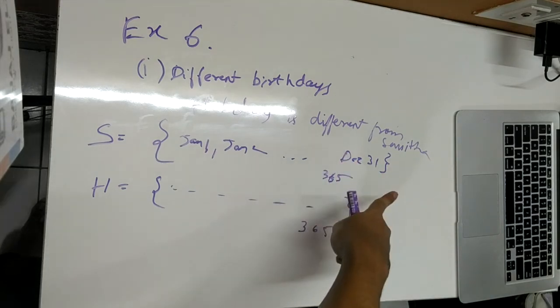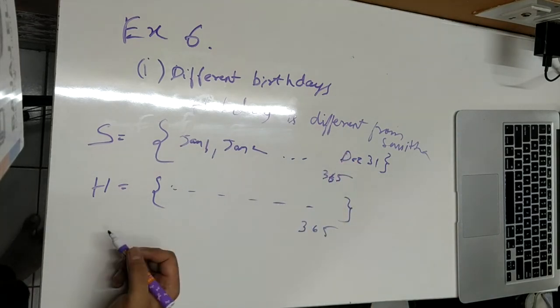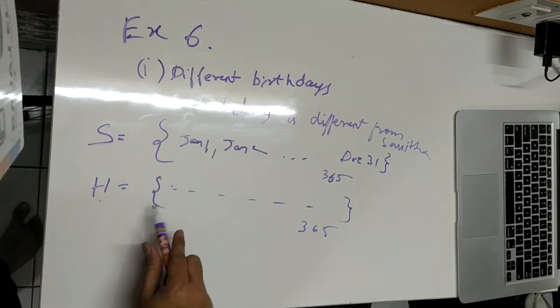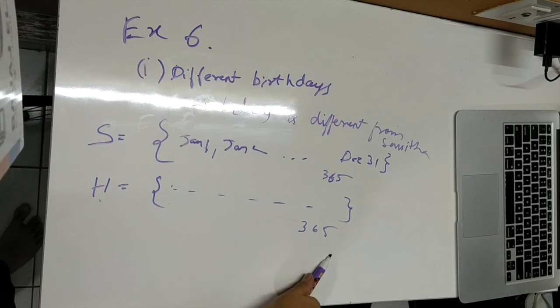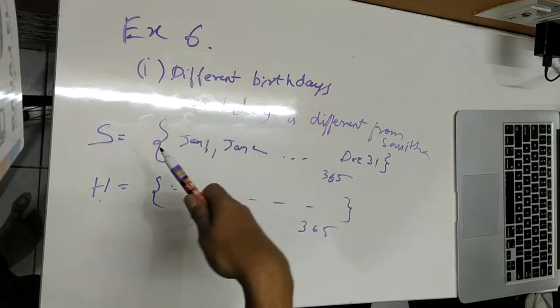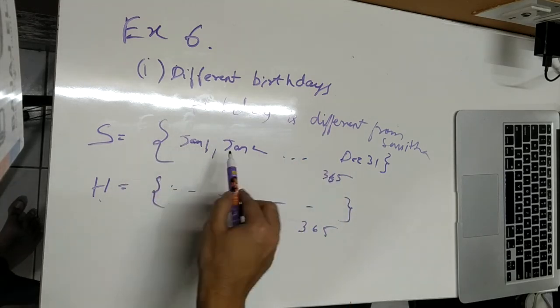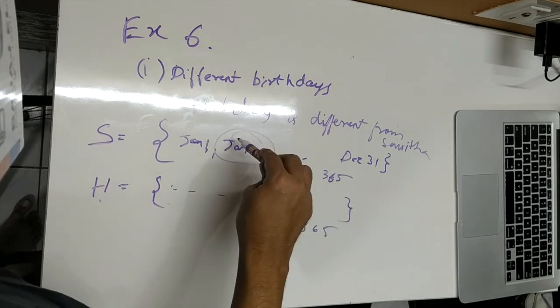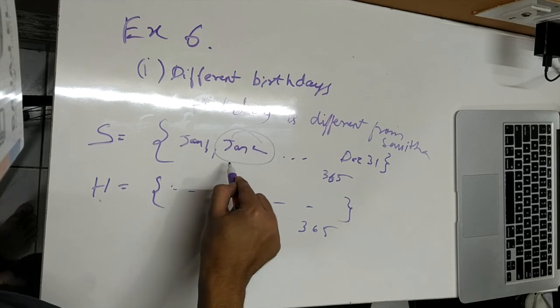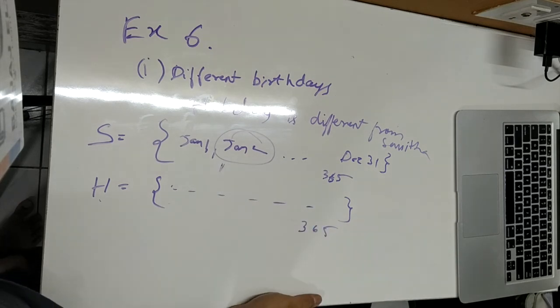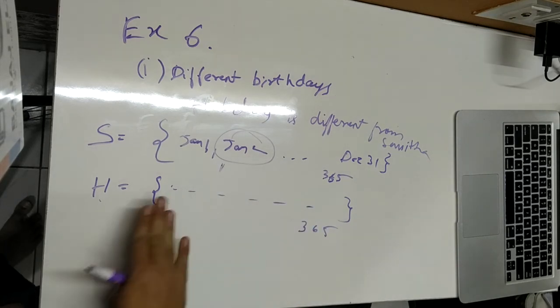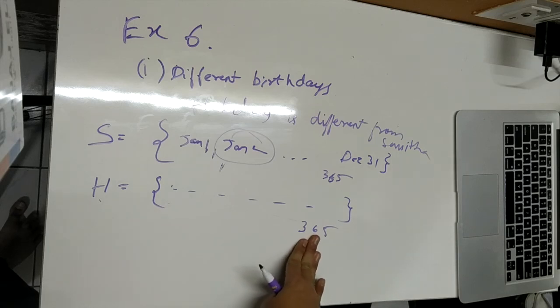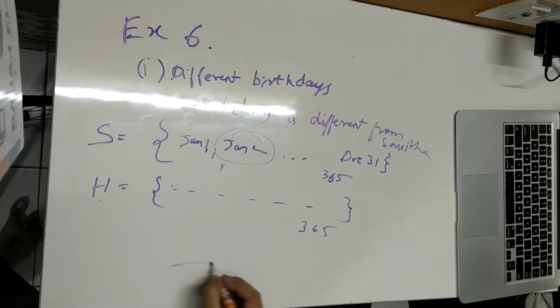So now what are all the possible outcomes of Hamida's birthday? It is Jan 1st to December 31st. So 365 outcomes are there. Now Savita's birthday is on some random day. Let us say it is on some day. So it is on one day only, no? A person can have a birthday only on one day. So all possible outcomes for Hamida's birthday is 365.